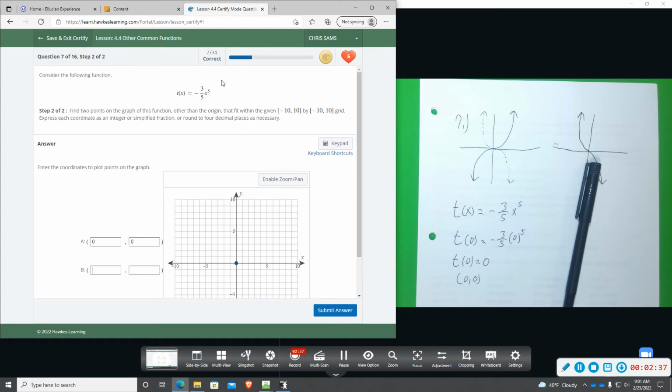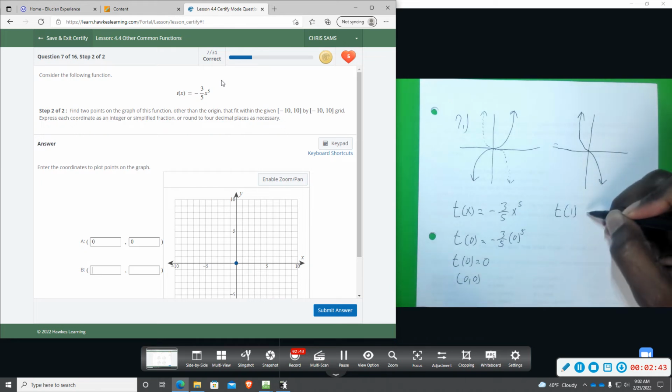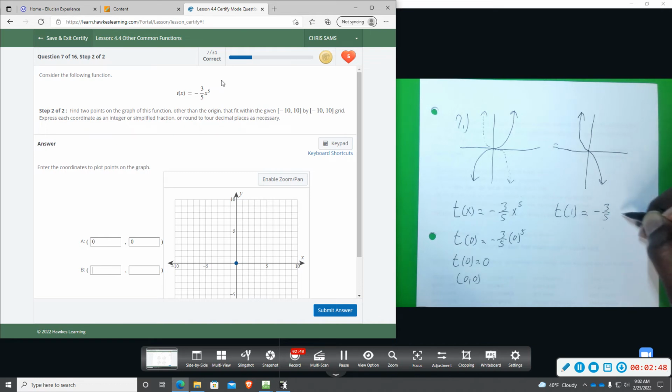And then the next easiest thing to do is just to plug in a 1. Okay, so if I say t of 1, I'm going to plug a 1 in. I'm going to get a negative 3 over 5, and then I will plug in a 1 here to the 5th power. So 1 to any power is just 1 times 1 that many times. So this is just 1, and 1 times any number is itself.